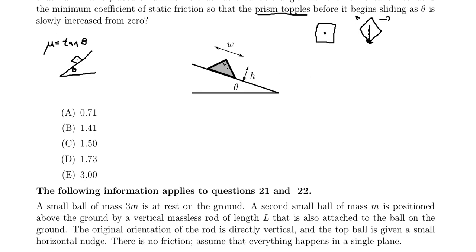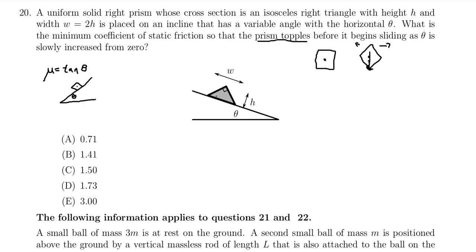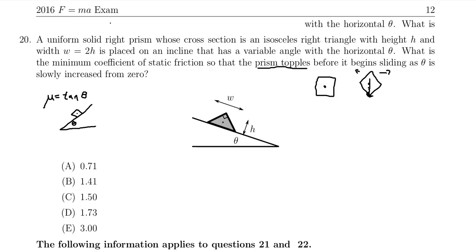So if we consider an isosceles right triangle, well, for any triangle, the centroid, which is also the center of mass, is the intersection of its medians. And since we have a uniform right prism, we only need to consider this 2D case, right? We don't need the whole 3D picture because everything will be the same for each cross section. So the centroid would be in the middle of the prism, at this point.